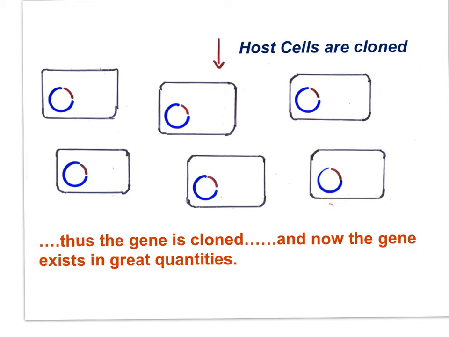When these fragments are mixed with plasmids, both of which have been cut by the same restriction enzyme, most plasmids do not have the insulin gene, but some do. When plasmids are inserted into bacterial cells, most of the cells do not contain the insulin gene, but some do.